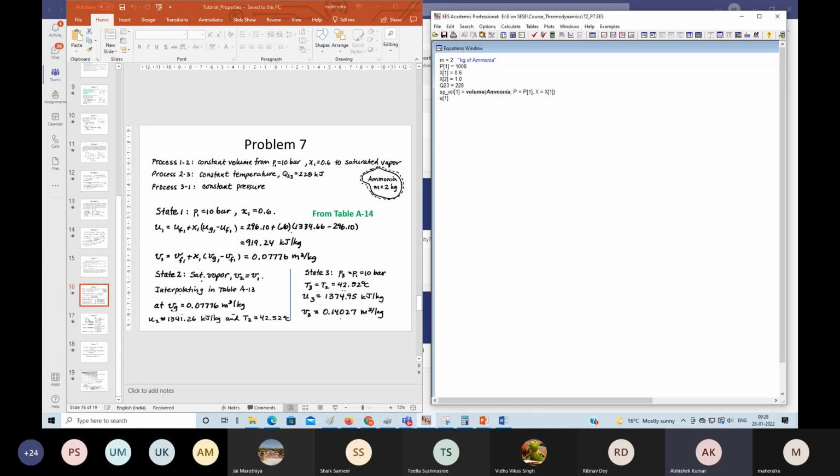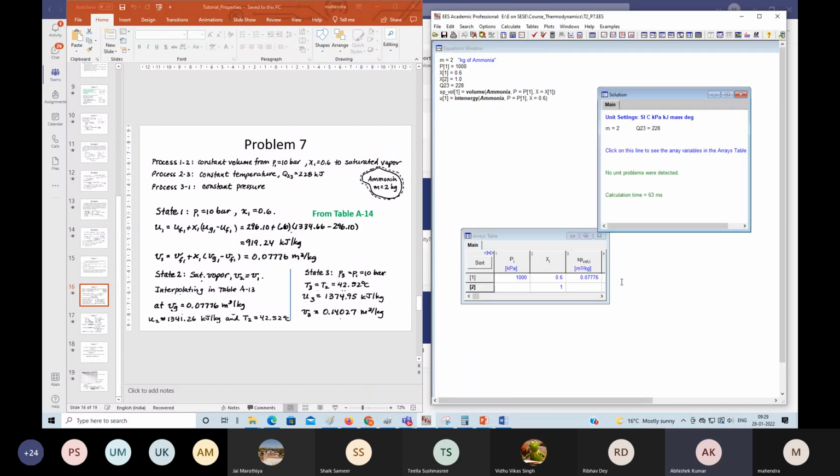U1, internal energy at point 1 equal to int energy, ammonia. Then you know that P equal to P1, comma, x equal to 0.6. Okay, then run it.